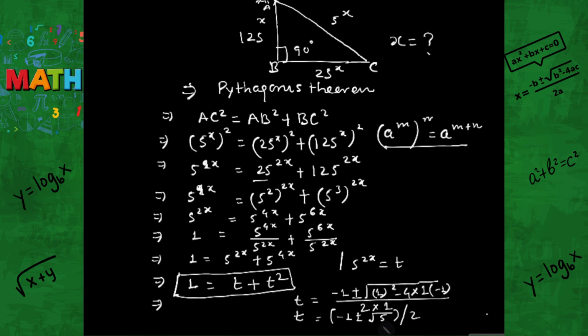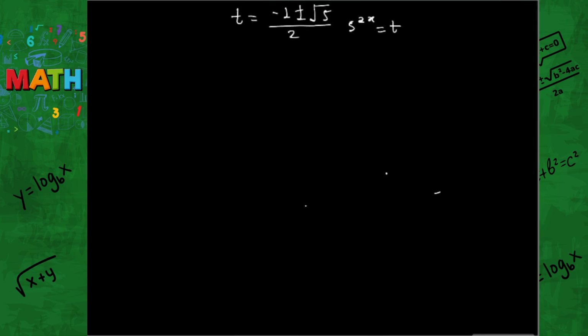We need to find the value of x. If you see this, t has two values. One is t equal to minus 1 plus under root 5 divided by 2, and the other is t equal to minus 1 minus under root 5 divided by 2.